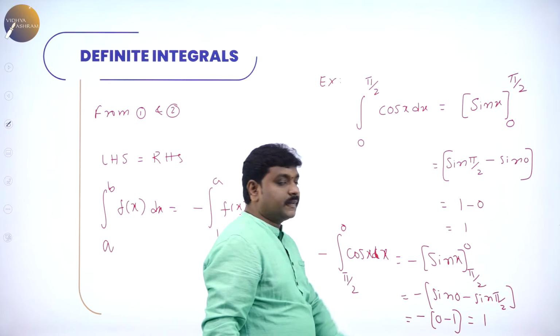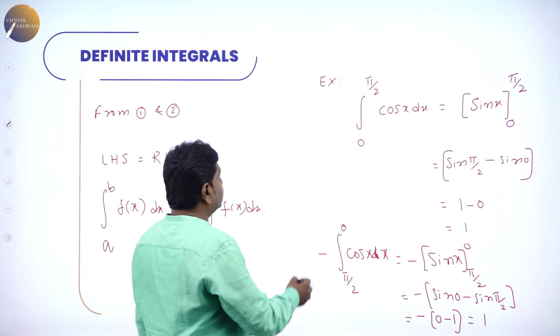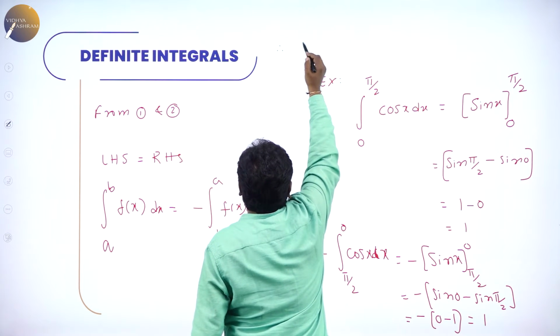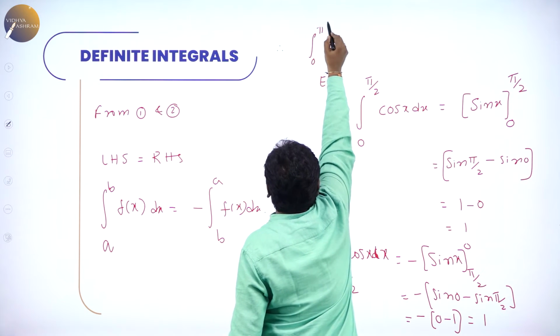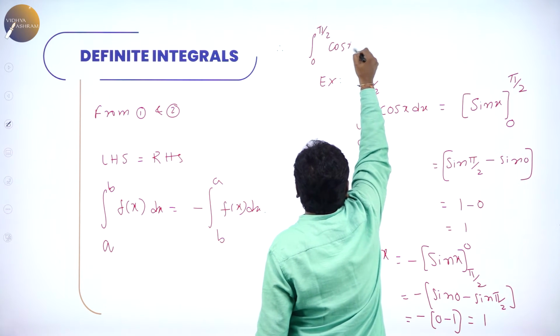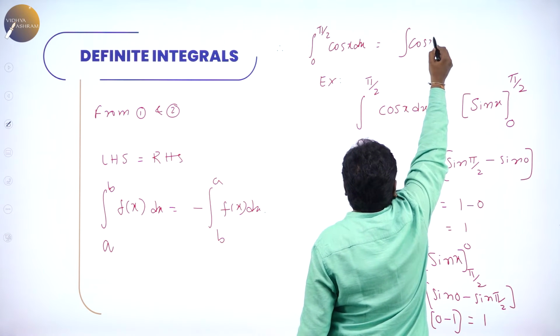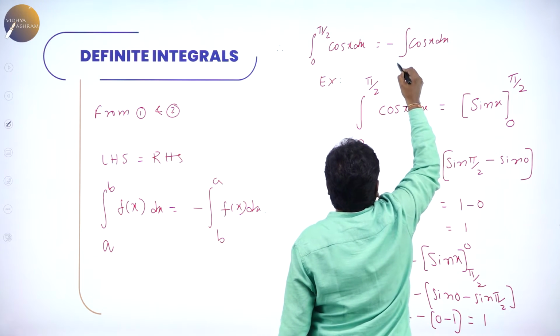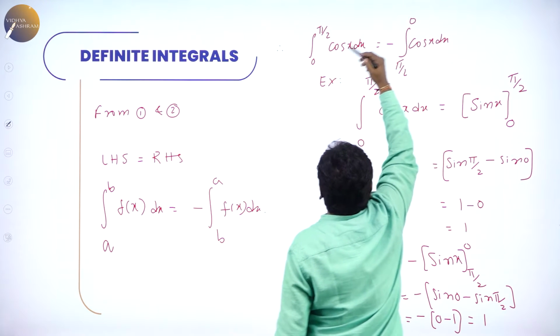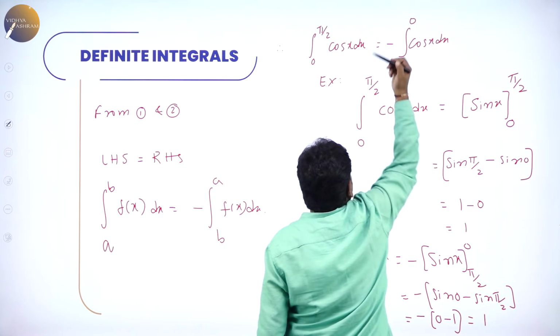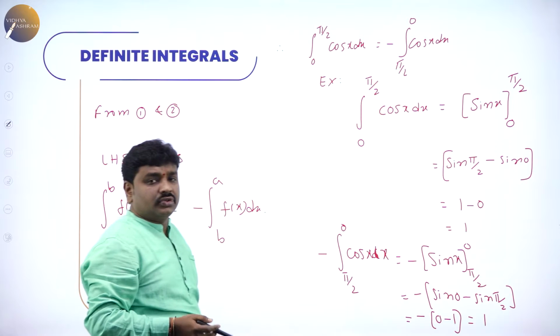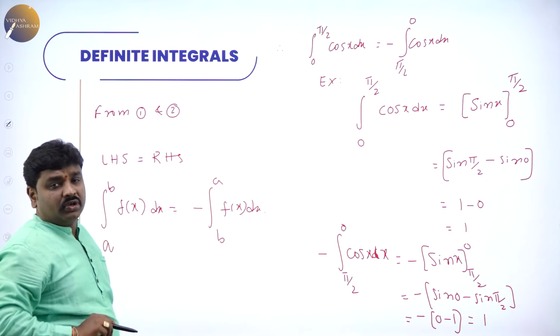So you got again 1. What is the conclusion? Therefore, integration 0 to pi by 2 cos x dx equals minus integration pi by 2 to 0 cos x dx. Means when I interchange the limits, it becomes negative. That's it. So this is P1 we proved.